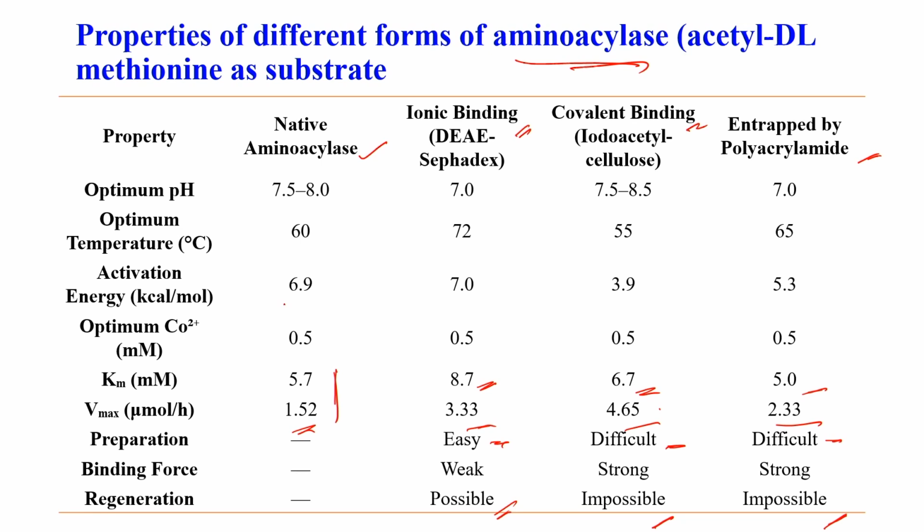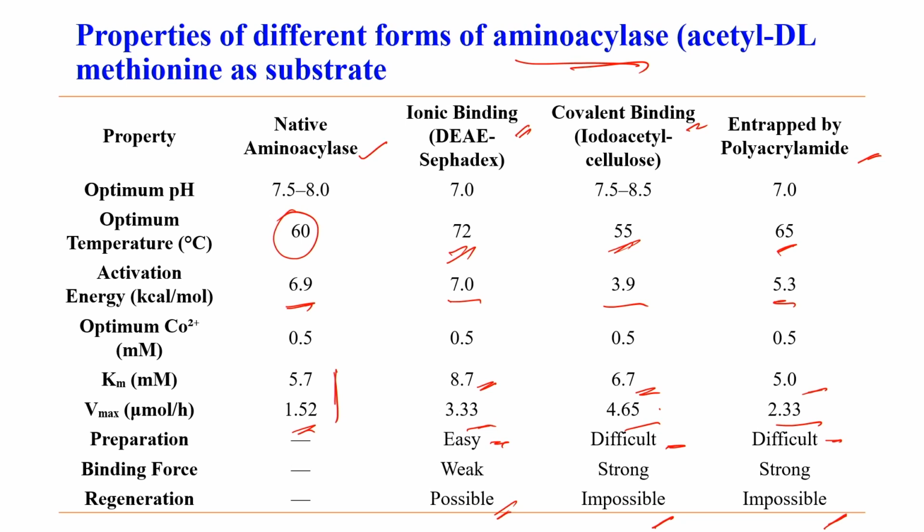Further, there are some changes in activation energy as well, from 6.9 to 3.9 and 5.3. In addition, the optimum temperature, which was 60 for the native enzyme, increased to 72 in the case of ionic binding, decreased to 55 for covalent binding and was 65 for entrapment.